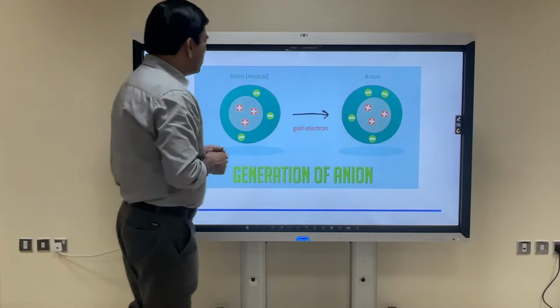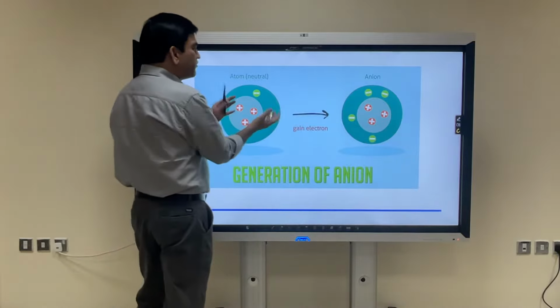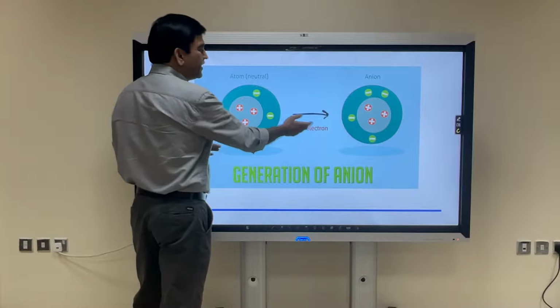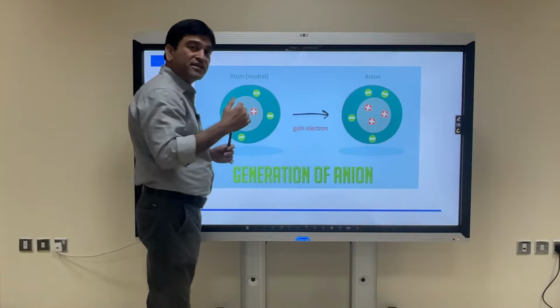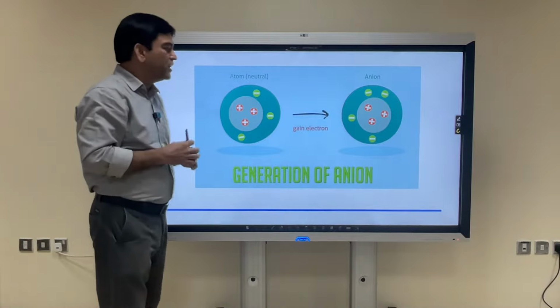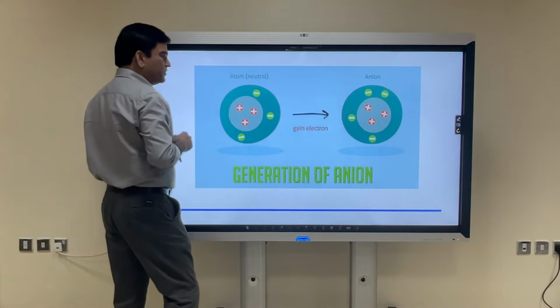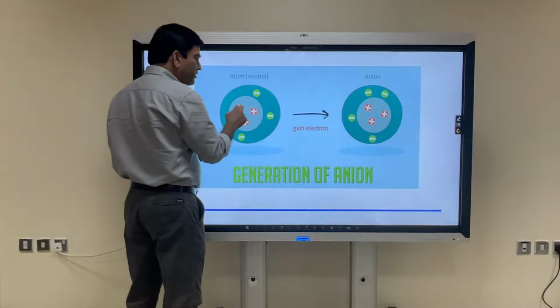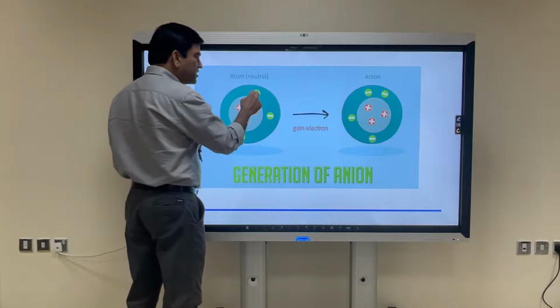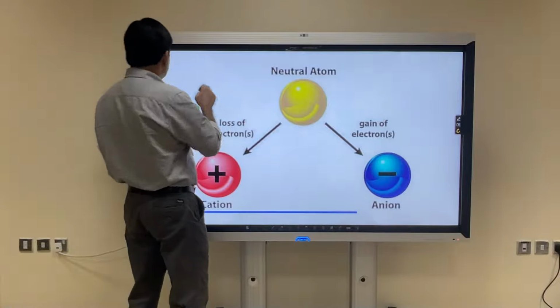And now you can see the same thing over here in a different format. Before we were discussing the loss of an electron, now we are discussing the gain of an electron. Now you have a neutral atom. How many plus charges are there? 1, 2, 3. And how many negative charges? 1, 2, 3.